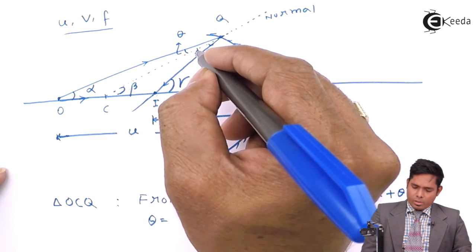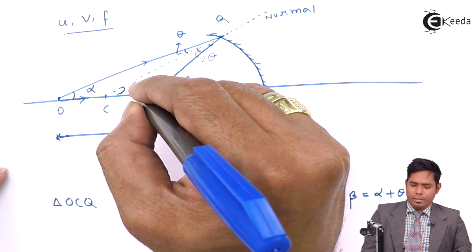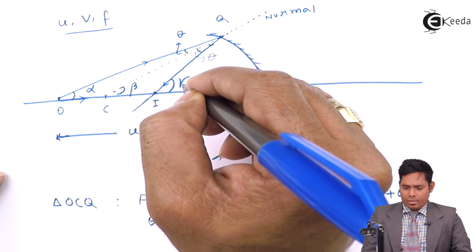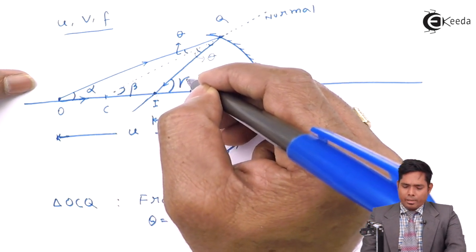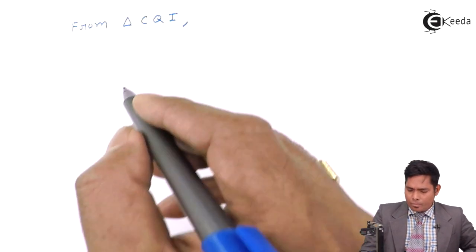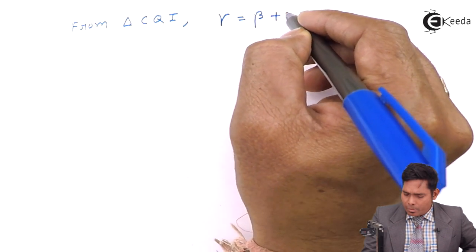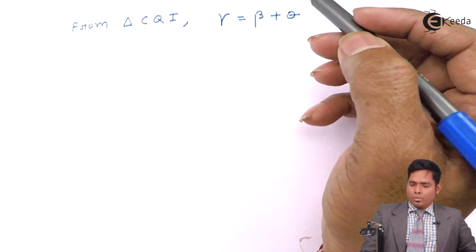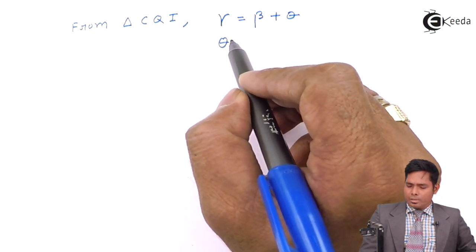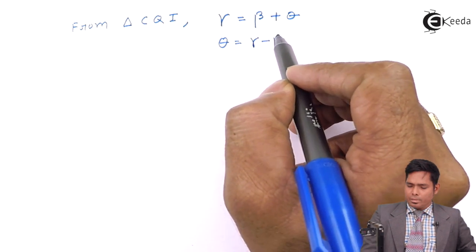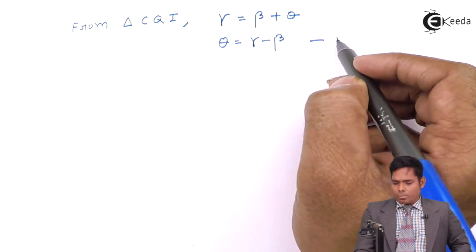So theta and beta are the interior angles and gamma is the exterior angle. So we can write gamma is beta plus theta. From here, theta is gamma minus beta, and this is equation number 2.